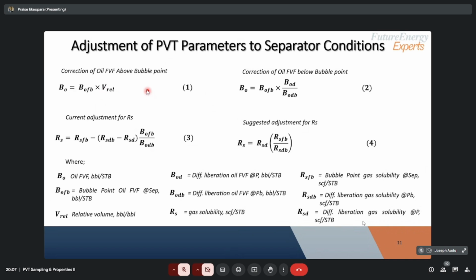So when you want to correct for above bubble point, you make use of BO, you multiply your BOFB. This is the bubble point bottom hole fluid, the bubble point oil formation volume factor obtained from your flash, obtained from your separator, right? You now multiply it by your VRED, this relative volume. And what's this relative volume?